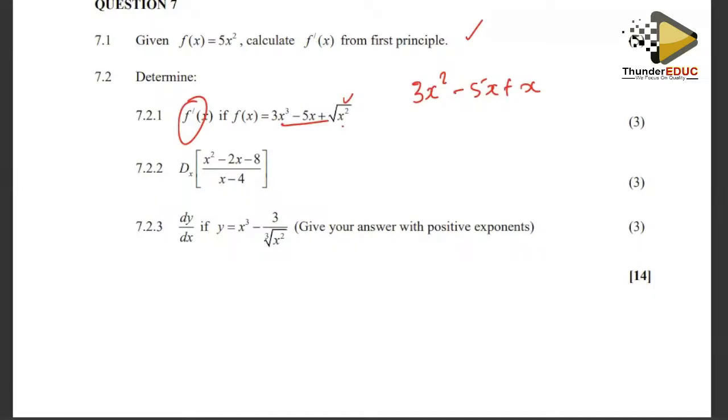Then let's differentiate this, which means it's going to be 6x, this times that, minus 1, minus 5, plus 1, because this and this is negative 4x anyway. Why didn't I see that? All right, so that becomes the final answer.